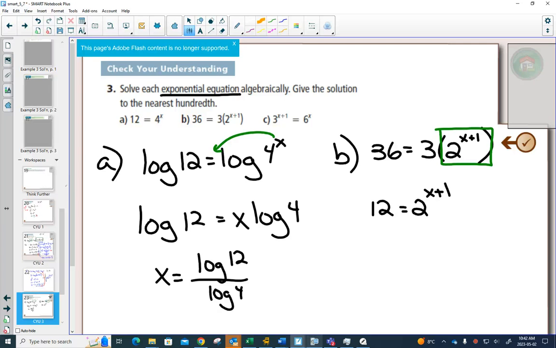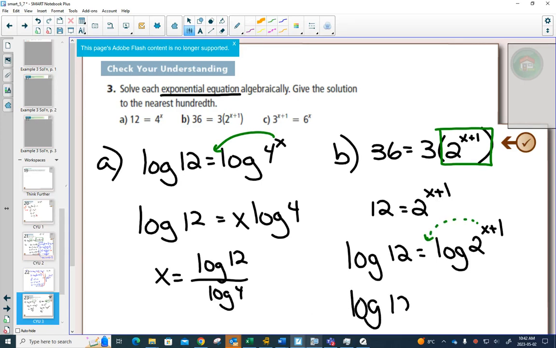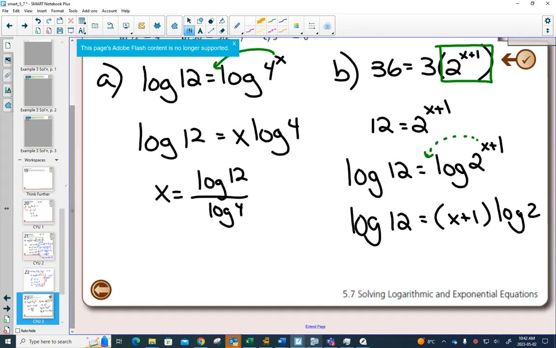I have an exponential equation because the x is in the exponent. So I need to solve by taking the log of both sides. And that allows me to bring this power out in front. And since there's more than one thing, when you bring that power out in front, it has to be in brackets, because this log of 2 is going to get distributed.